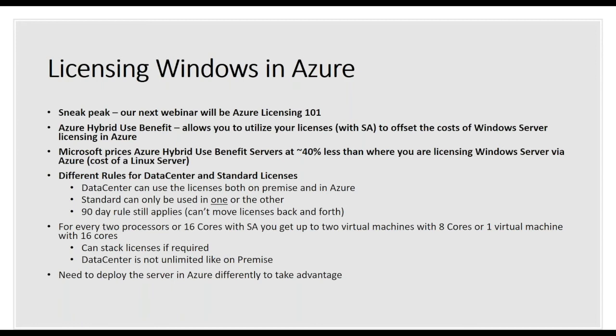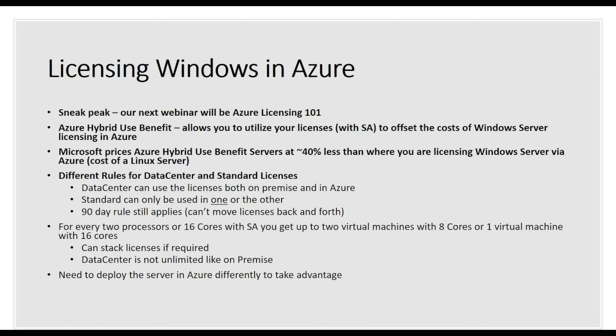Now, what do I get with the Azure Hybrid Benefit? For every 16 cores that you have with SA, you get up to 2 virtual machines of 8 cores or 1 virtual machine with 16 cores. This is different than stacking. They just look at it and say, for every 16 cores, you get either 2 VMs of 8 or 1 of 16.